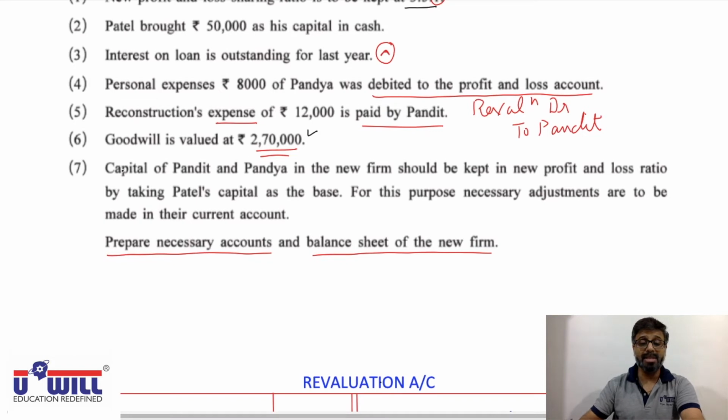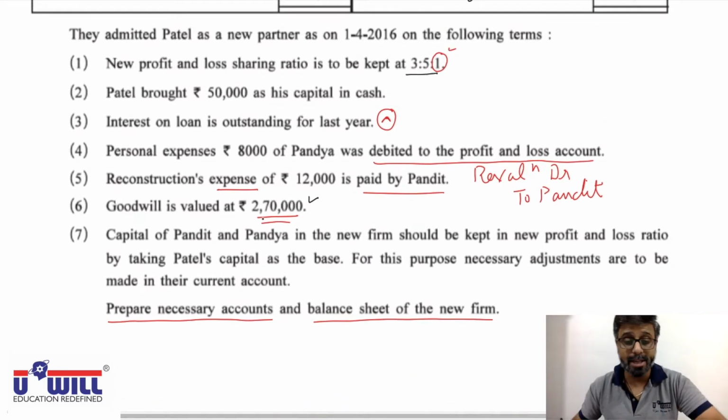Adjustment 6 is over. The 7th adjustment has no mention about goodwill. Nothing is given, which means, of course, Patel does not bring in cash. I repeat, if Patel is bringing in cash, it would be given that Patel has brought his share of goodwill in cash. Here nothing is given, only goodwill's value is given, so it is implied that Patel, the new partner, did not bring his share of goodwill in cash.